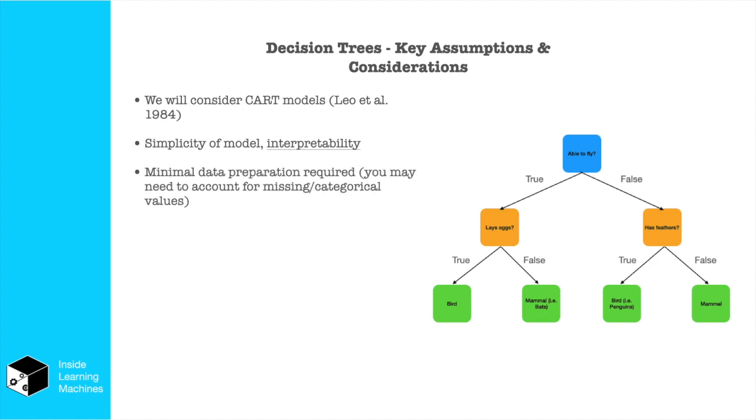Another strength is that typically minimal data preparation is required. With decision trees, we don't have to concern ourselves with normalizing or scaling the different features in our training data. Depending on the implementation, you may have to account for missing or categorical values.